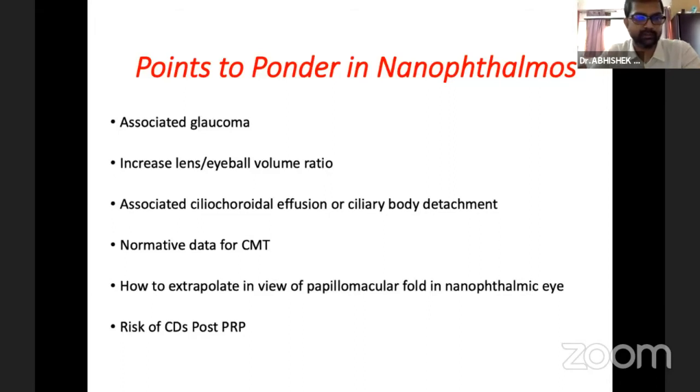And how to extrapolate in view of a papillomacular fold in a nanophthalmic eye? And let's say after 3 or 4 months, the patient needs a PRP. So should we go for an extensive PRP, or what are the chances of the risk of developing a choroidal detachment post PRP? So thank you.